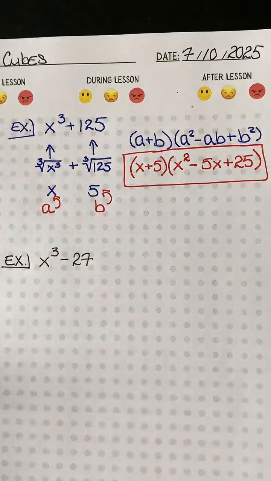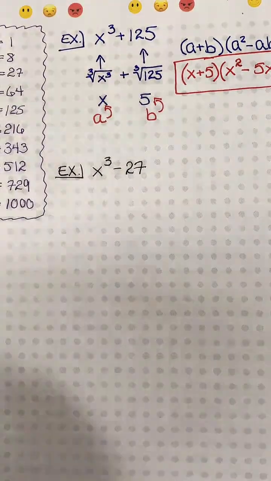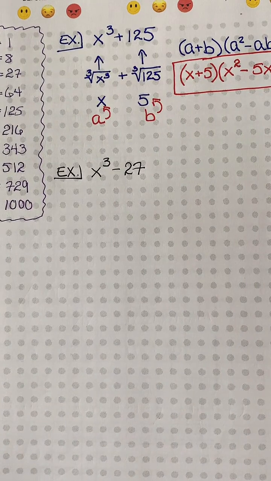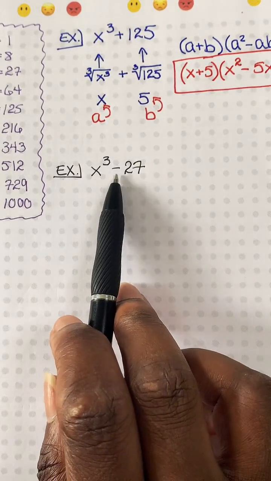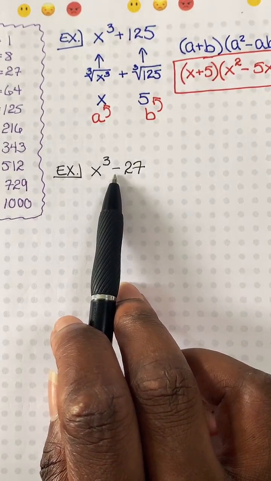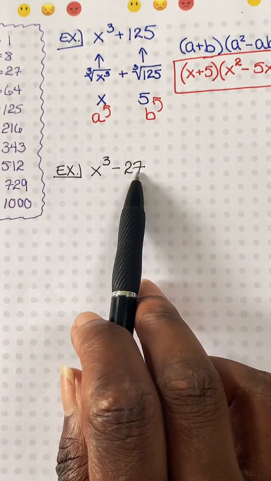We'll start there. Okay. x cubed minus 27. So like we said, take a look. Since that was a minus sign, that means we're looking at the difference of cubes.